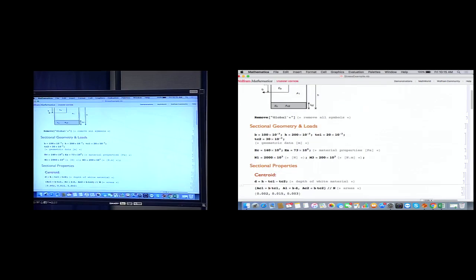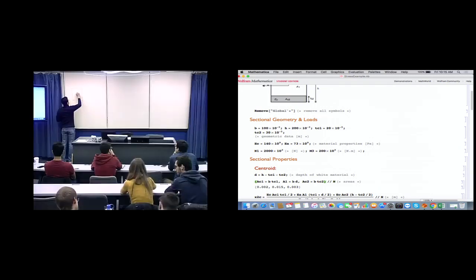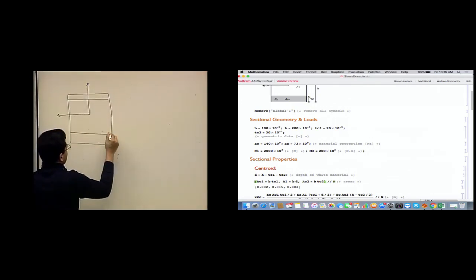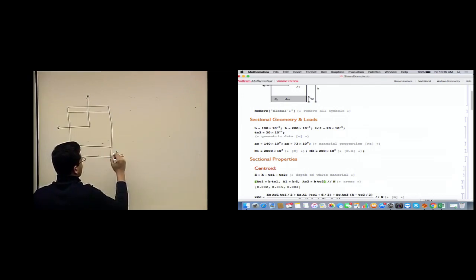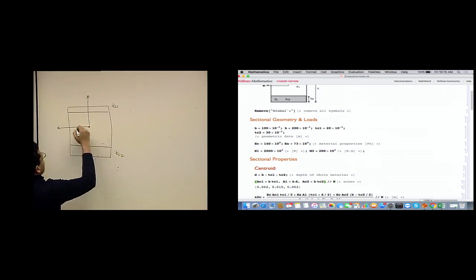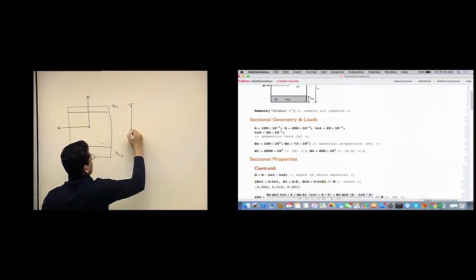So let's evaluate the sectional properties. First is the centroid. Let me just draw the cross section here so that we have information about the section. This thickness is TC2, this thickness is TC1, the height of the entire cross section is given as h.